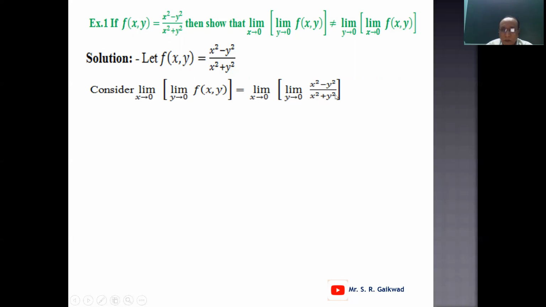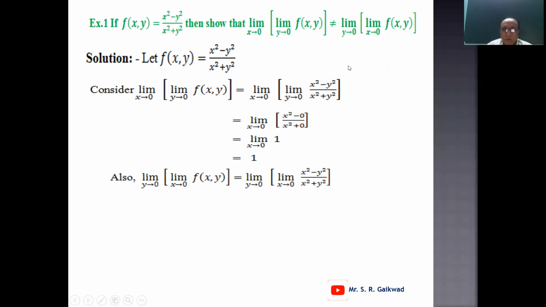It means in this function we put y equal to 0, and therefore we get the limit as x tends to 0 of (x square minus 0) upon (x square plus 0). We get x square upon x square, then x square cancels, remains 1. Therefore the limit as x tends to 0 of 1, the value of the limit is 1. It means the limit of the left hand side is 1.